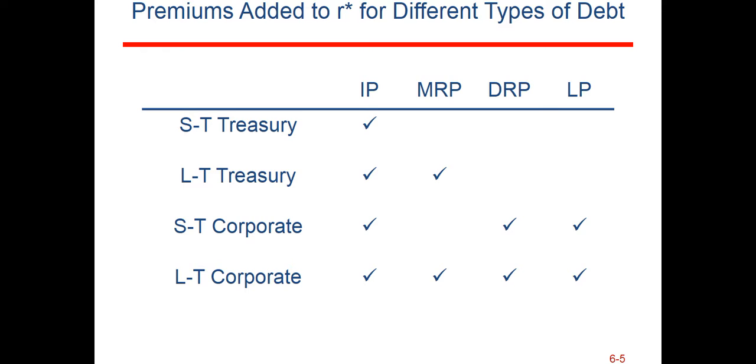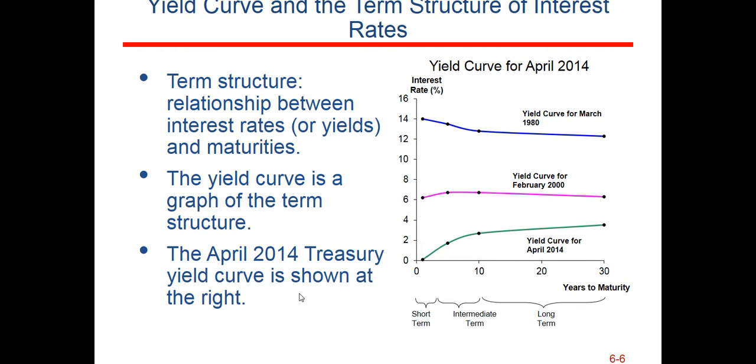And corporate bonds or debts, when you are trading, are not usually as liquid as the treasuries. So there is liquidity premium as well. And on the long-term corporate bond, you have pretty much all the premiums, inflation premium, and the risks involved. The maturity because it's long-term, default rate because it's corporate, and liquidity because again it's corporate versus treasury.